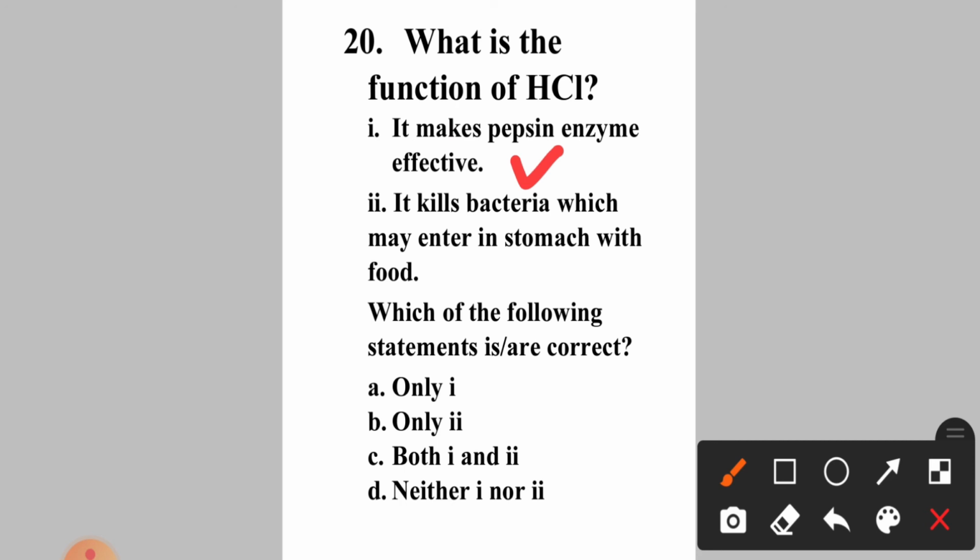Okay, so it creates an ideal condition for the protein digesting enzymes to work. Okay, and it also helps in killing the bacteria which may enter in stomach with food. Okay, so bit 1 and bit 2 both are correct. Okay, so answer will be option C.